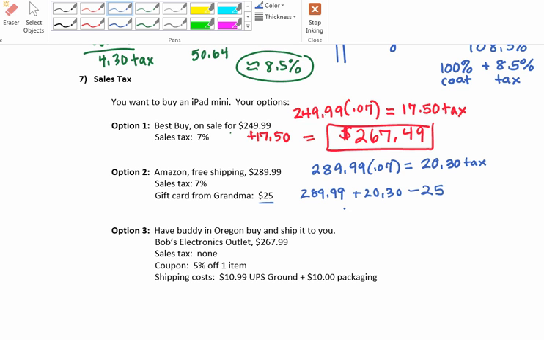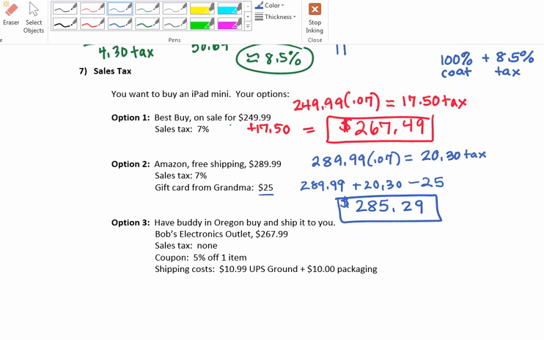And this comes up to $285.29. All right, so even with the gift card from Grandma, this is not a better deal than buying at Best Buy. In fact, it's kind of depressing. Grandma basically just paid for your sales tax, which is probably not what she really wanted to do with that money.